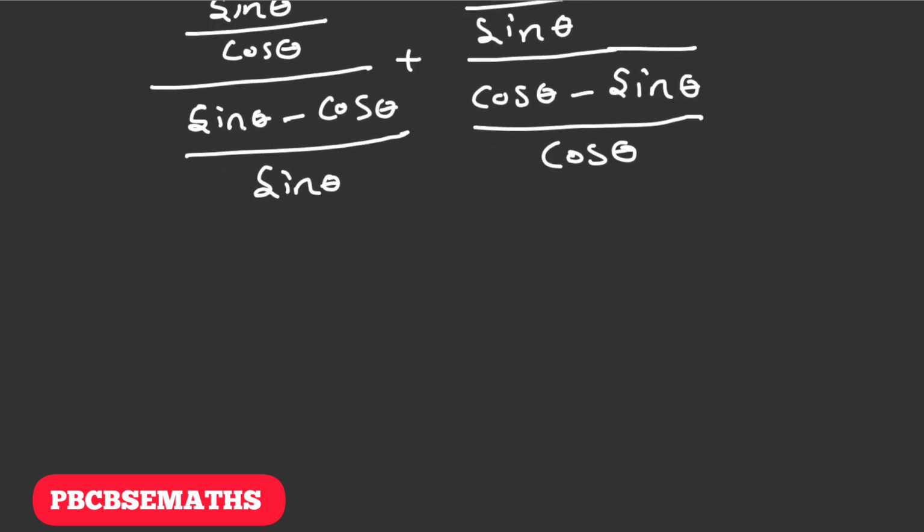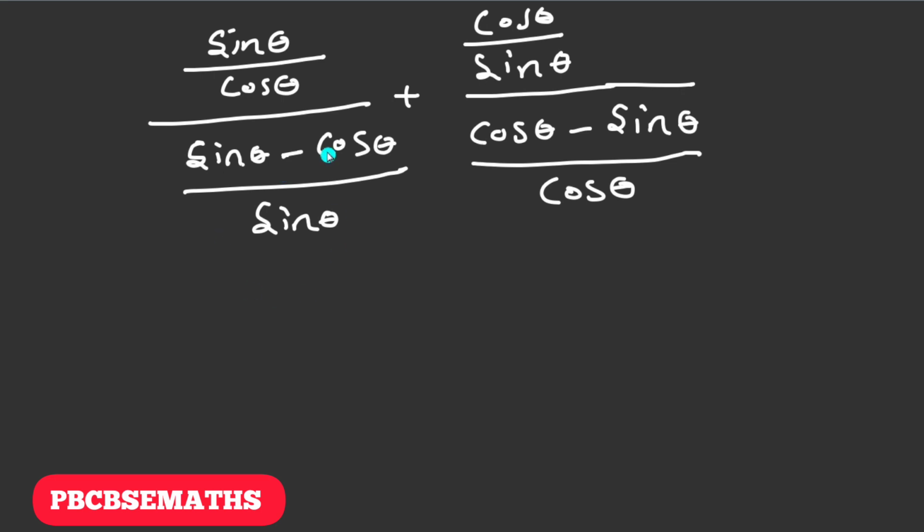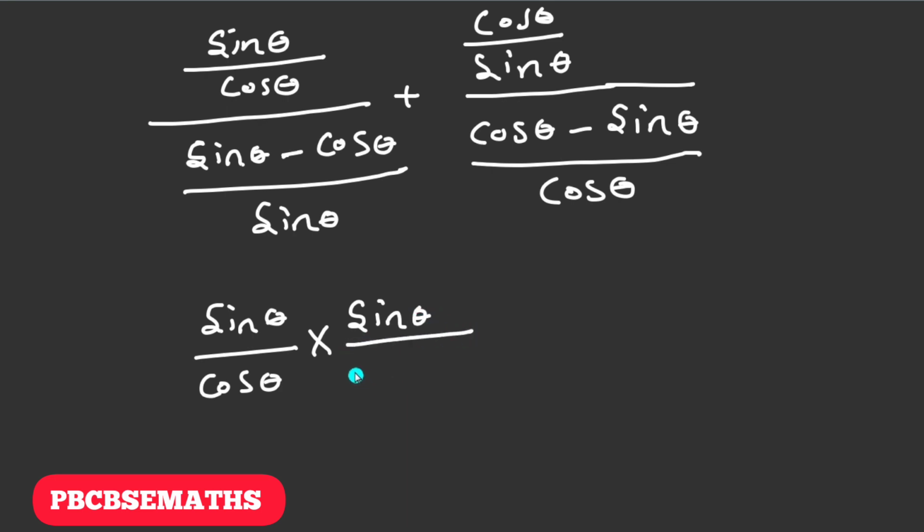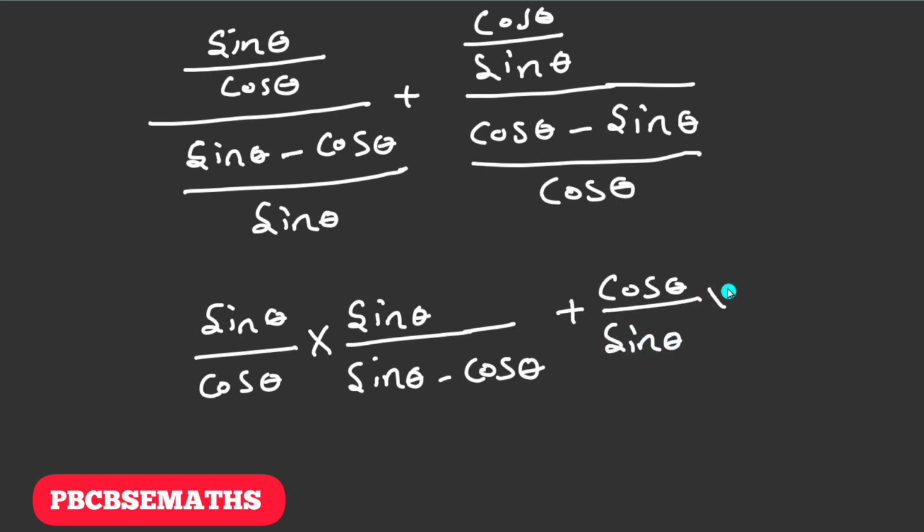Now let's simplify further. We can write this entire part as sin theta by cos theta into this denominator part sin theta minus cos theta whole divided by sin theta, which becomes sin theta divided by sin theta minus cos theta, plus cos theta by sin theta into this part becomes cos theta divided by cos theta minus sin theta.